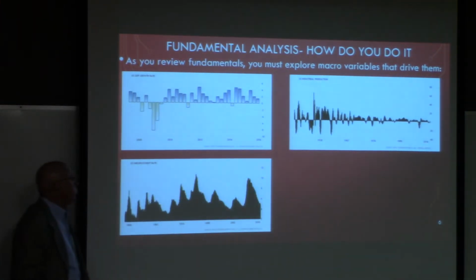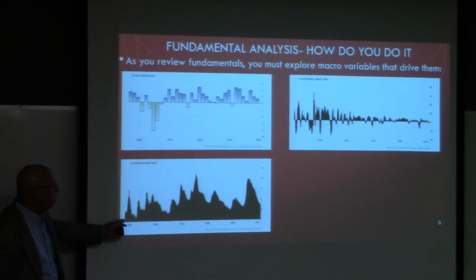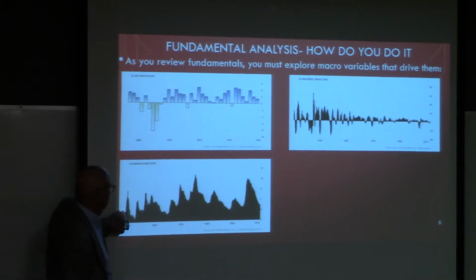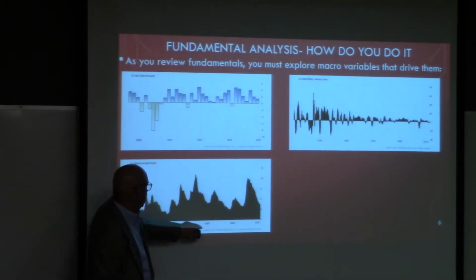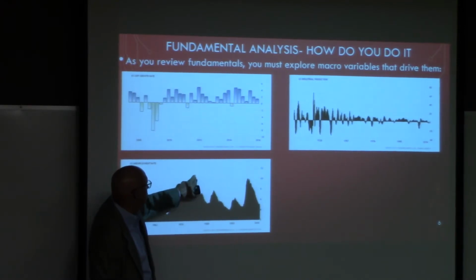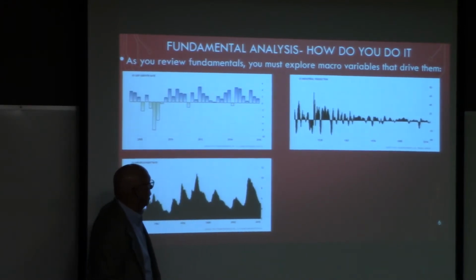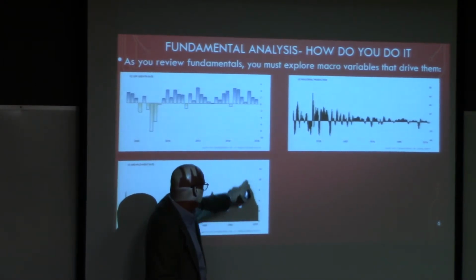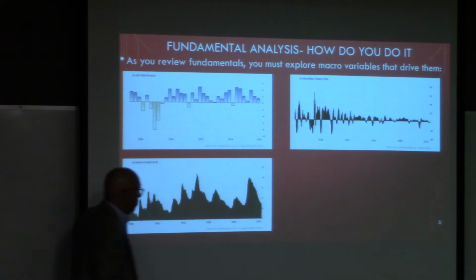All right, this is the U.S. unemployment rate. I wish we could have seen it back to the 30s, but you can see that back in the late 70s, early 80s, unemployment exceeded 10%. And then once again, it hit that during the 2008-2009 period.